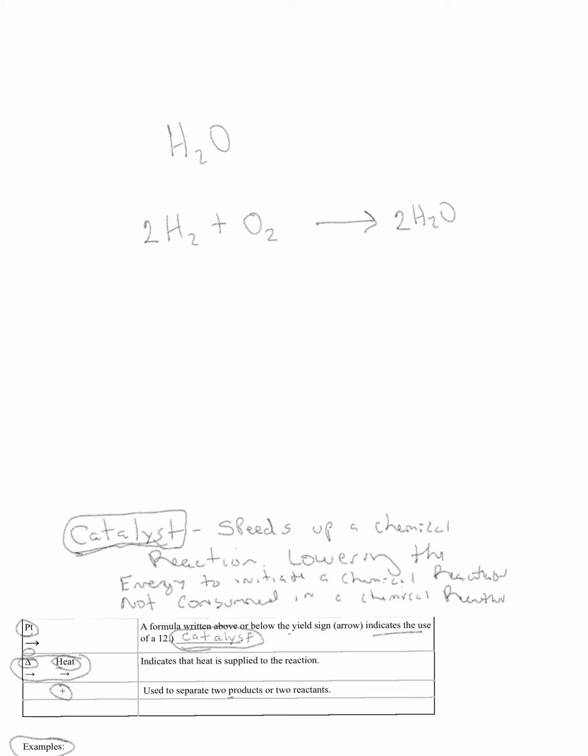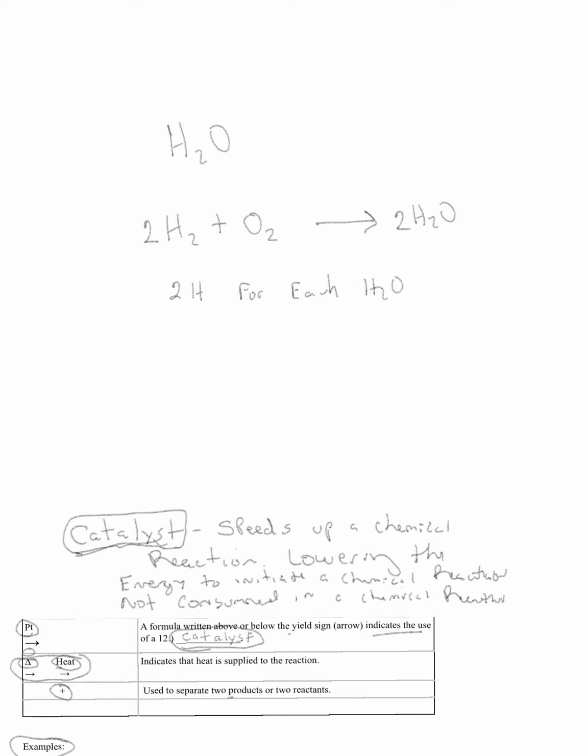In other words, I have four hydrogens, but for every water molecule I produce, I have 2 hydrogens for each water molecule I produce. It's a 2-to-1 ratio for hydrogens and water.